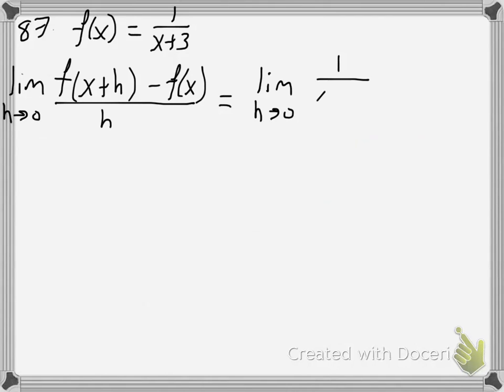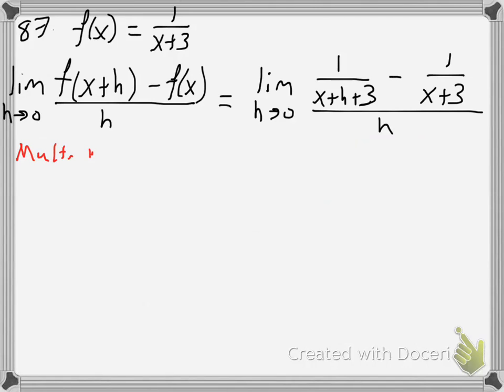The first part we replace the x with an x plus h. There was a 3 hanging out there also. The original function was 1 over x plus 3, all over h. The least common denominator between x plus h plus 3 and x plus 3 is going to be the quantity x plus h plus 3 times the quantity x plus 3.